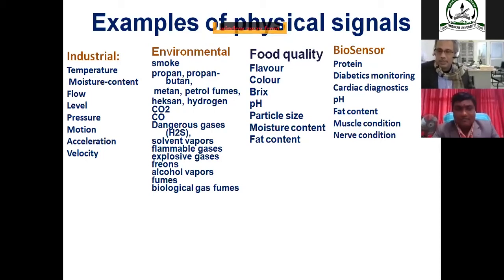How much concentration is there in the environment, which is harmful to the human body, animals, and other biological elements. Flammable gases, explosive gases, and alcohol vapors are hazardous gases which have to be measured and monitored in the environment. That is why sensors are used.